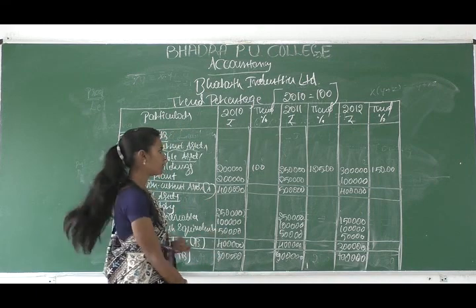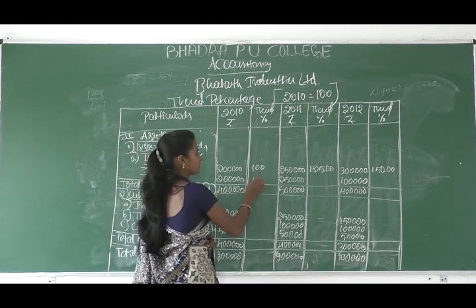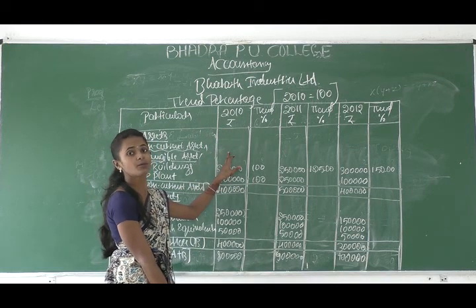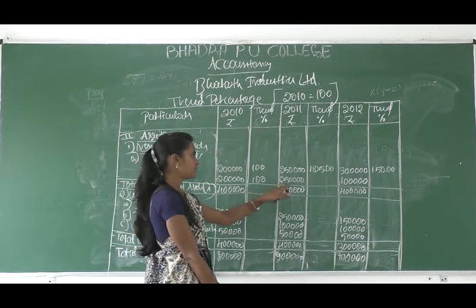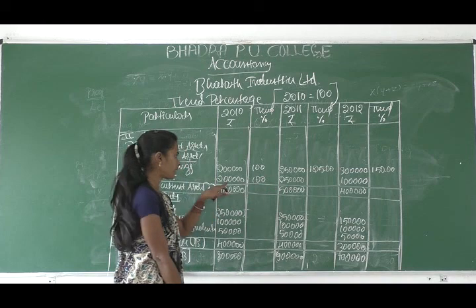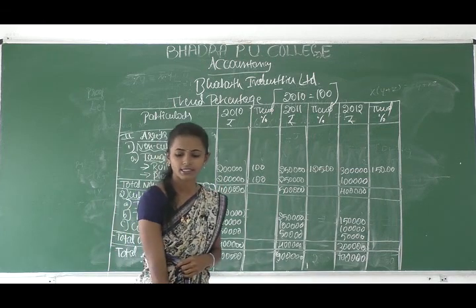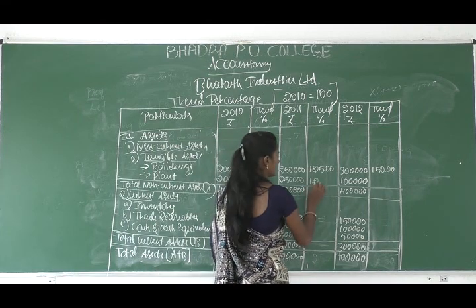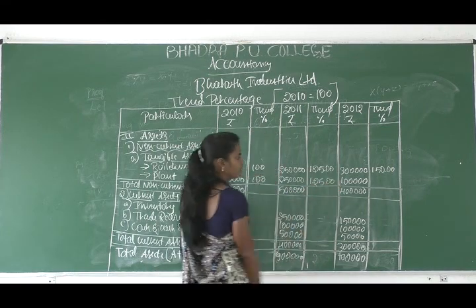Here again we get 100%, because 2010 is our base year. And here 2,50,000 divided by 2 lakh into 100 gives 125%.